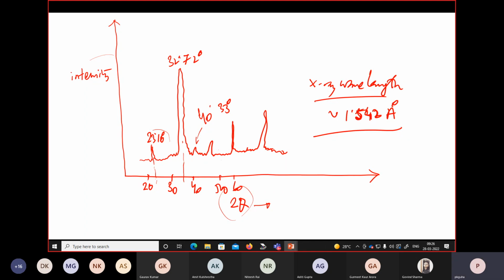So it is important to find out these peaks and the distance between crystalline planes. What else? So this is all I want to talk about today.